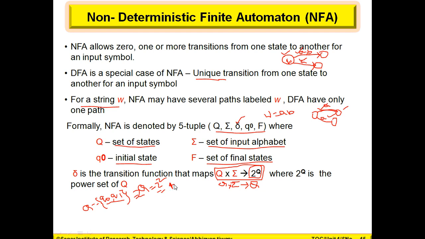So what are these 4 states? We have the empty set, we have {Q0}, we have {Q1}, and we have {Q0, Q1}. Write all these states in curly braces, this is the notation.